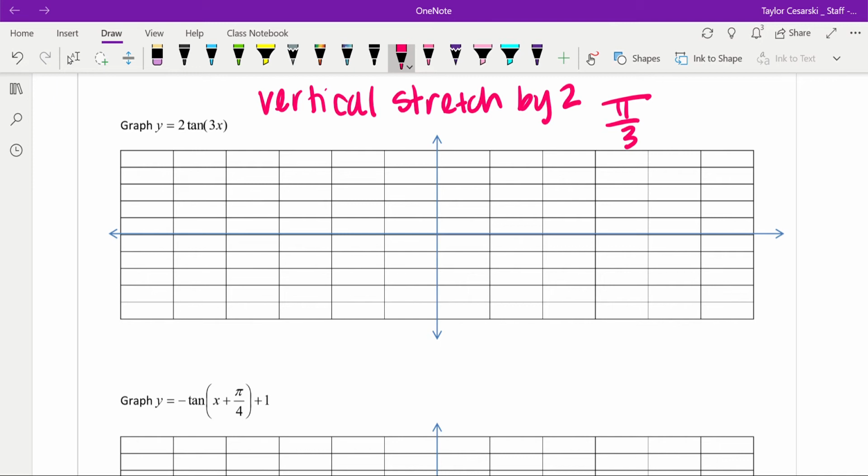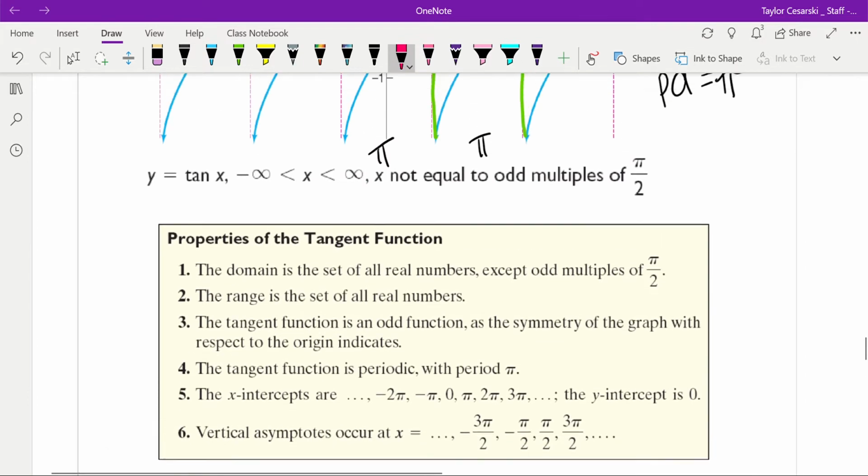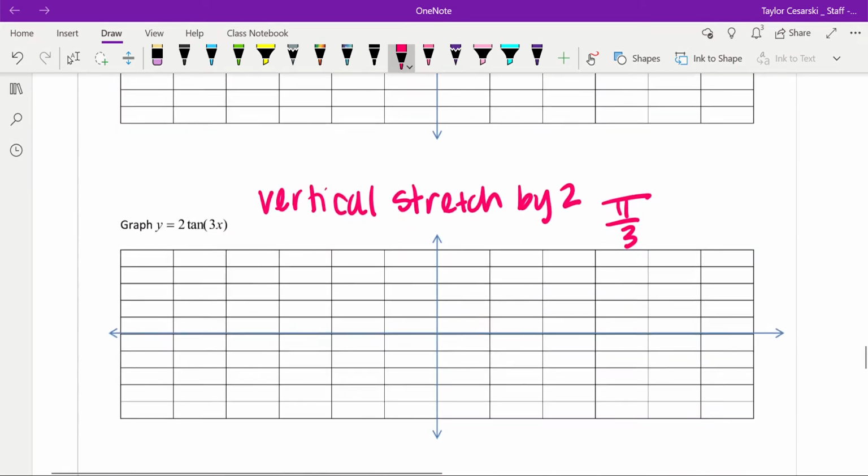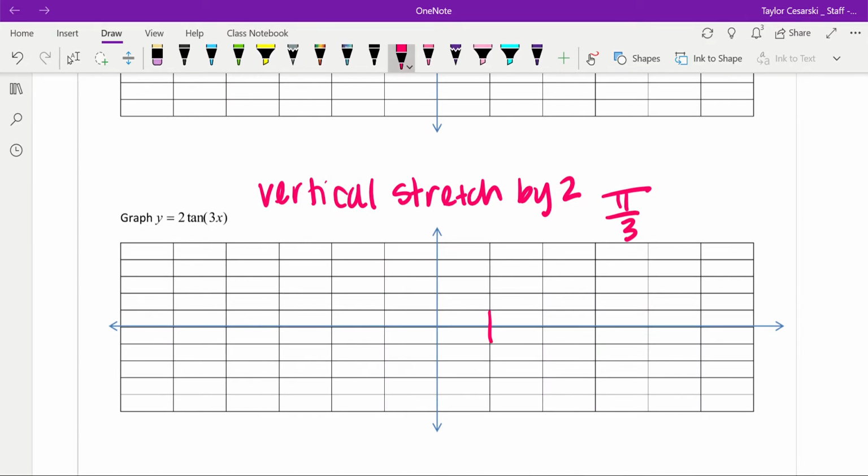Alright, so remember, 2 pi will always go on your fourth line, or whatever your original one was. For pi, it is always going to go on your second line for tangent. It's a little bit confusing there. So I'm going to put pi over 3 on my second line.